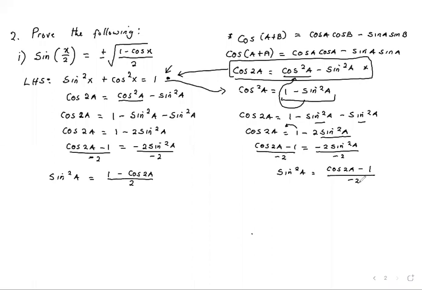But if you want, we can hide this negative by dividing it throughout in the numerator, so that we have sine squared A written as 1 minus cos 2A, and then leave the 2 as positive.